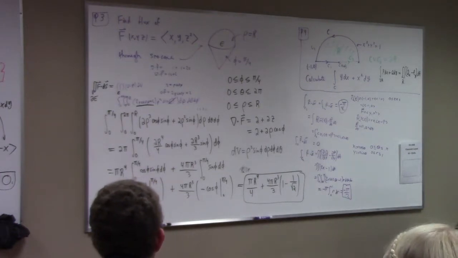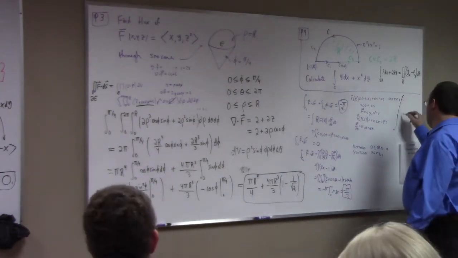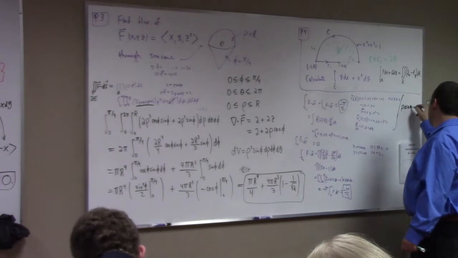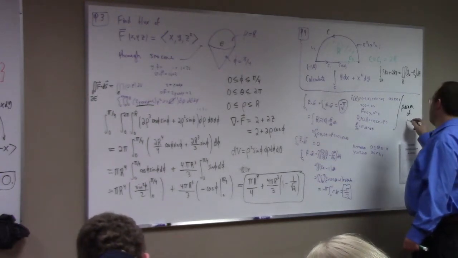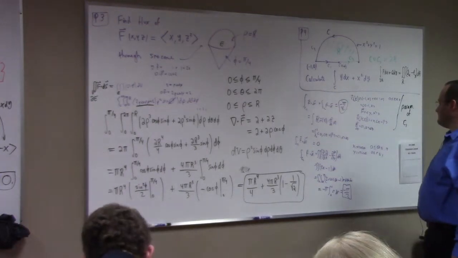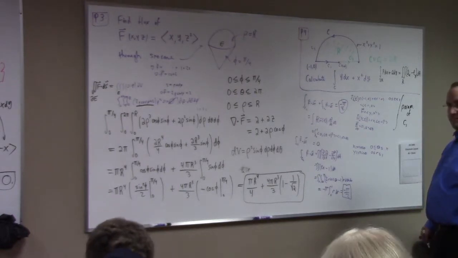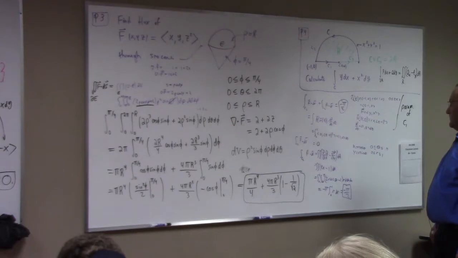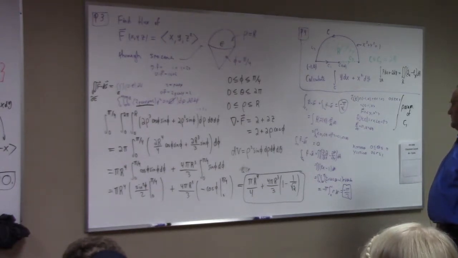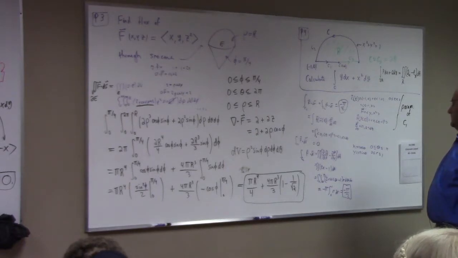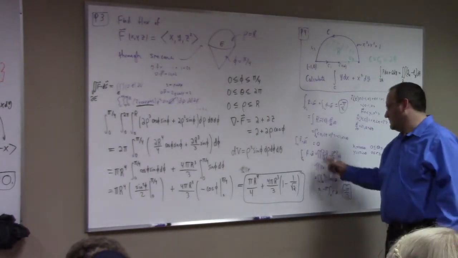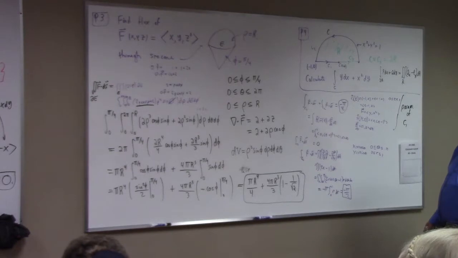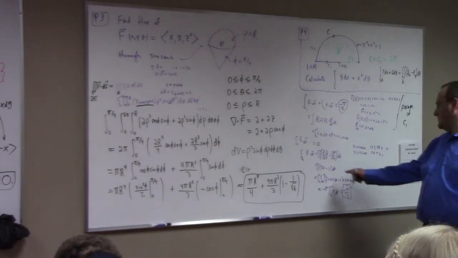So what I'm looking at right here is a parameterization of C1, right? And you said that that works out to 0? Okay, and then what's C2? Why should C2 be equal to this, though?